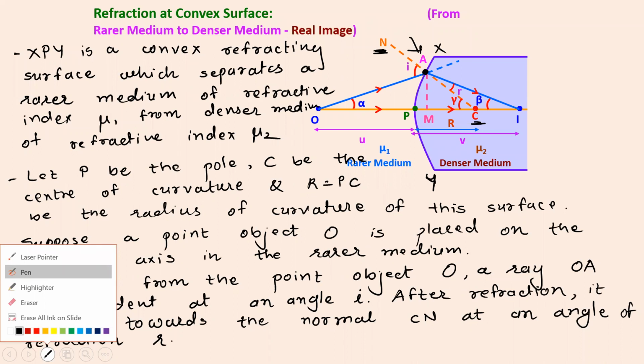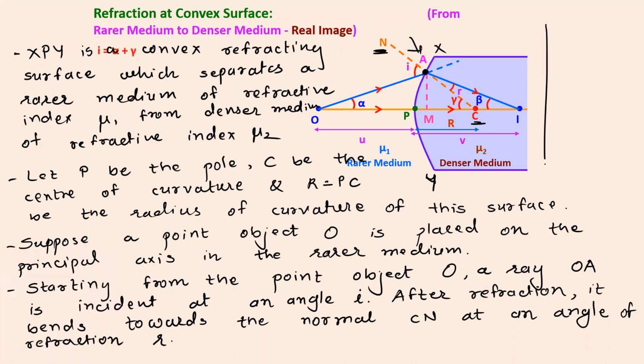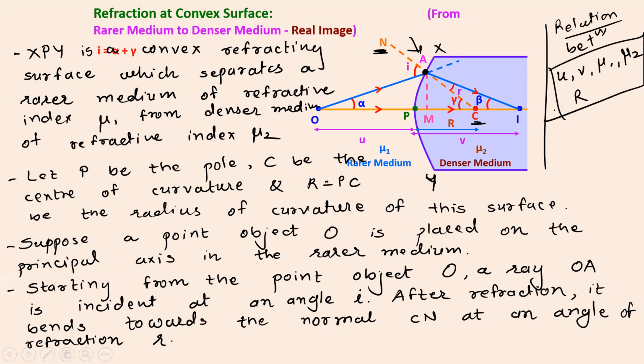This derivation is going to give me a relation between u, v, mu1, mu2, and R.